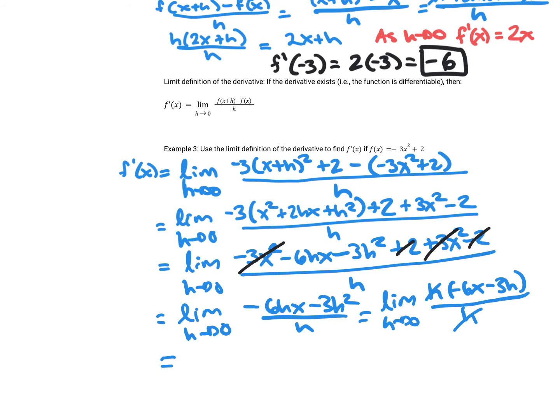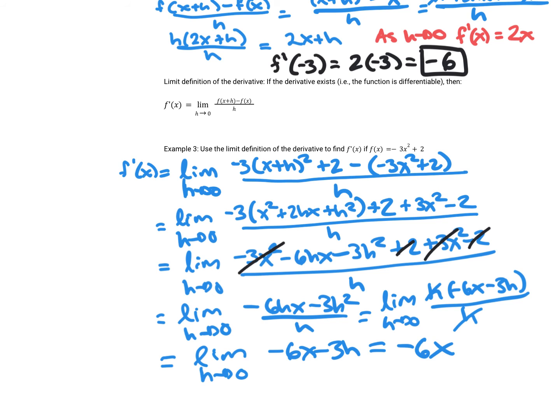And so I'm looking at the limit as h goes to 0 of negative 6x minus 3h. And now if I plug in 0 for h, I'm getting negative 6x. And so that's going to be my derivative of f of x when f of x is negative 3x squared plus 2.